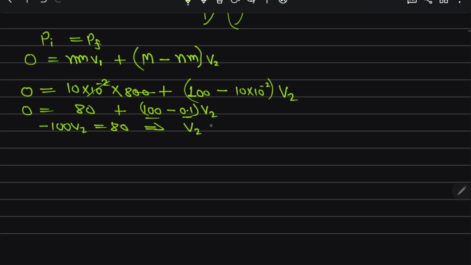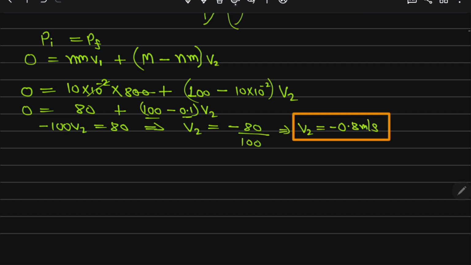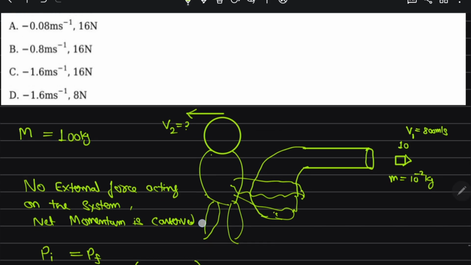So V2 comes out to be minus 80 by 100, which is minus 0.8 meter per second. So which option is going to match?